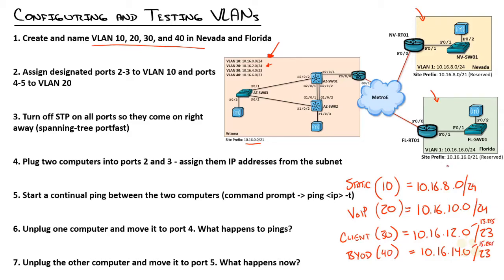And then that just starts over right here when we get to Florida. And in Florida, we will follow the same thing, except instead of 8, it'll be 16, 18, 20, 22, right? Same schematic. And I trust that you're following that so that when we deploy Florida, it'll make sense. So the first thing we need to do is create and name those VLANs in Nevada and Florida.